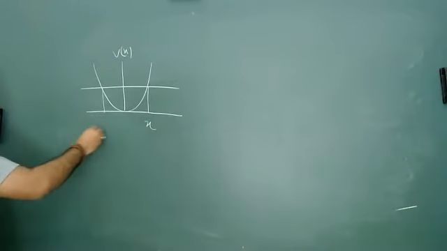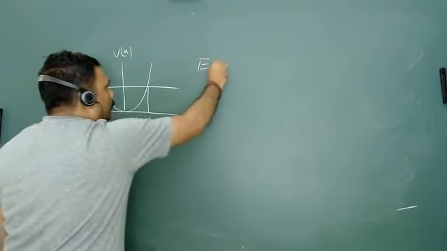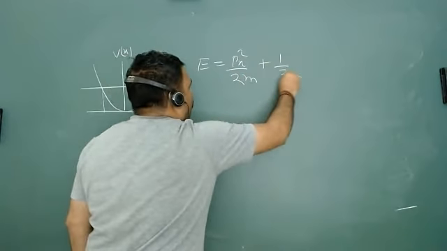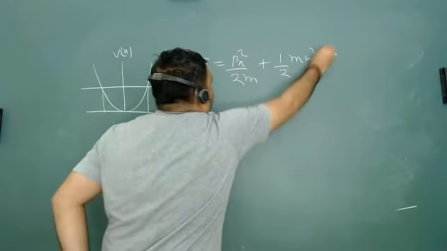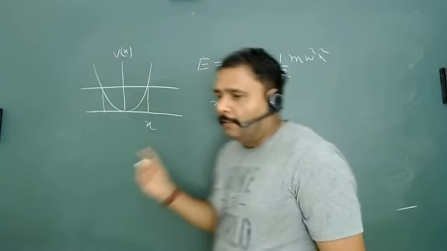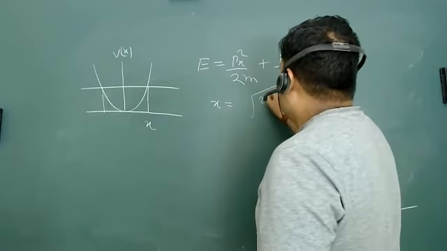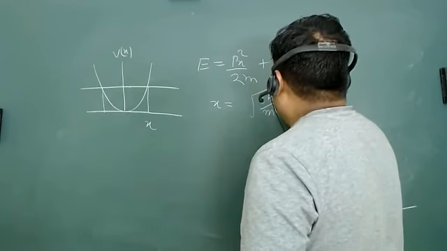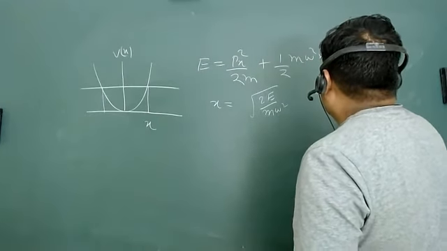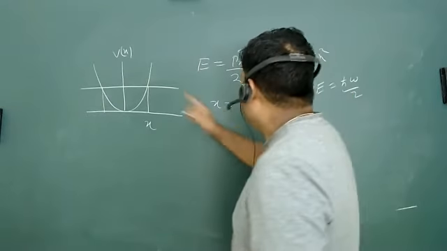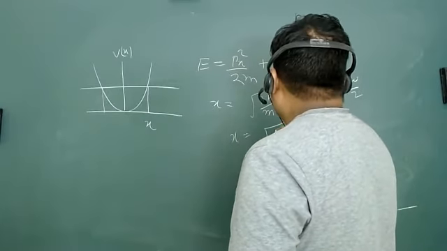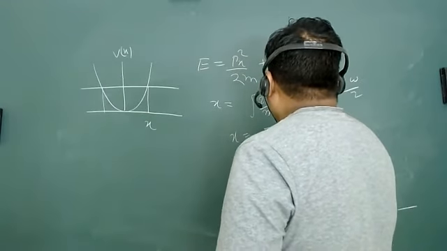You can calculate it: E is equal to px square upon 2m plus half m omega square x square, and now we can get x, which is 2E upon m omega square. When we put E is equal to h cut omega by 2 for the minimum value of energy, x is equal to root under h cut upon m omega.